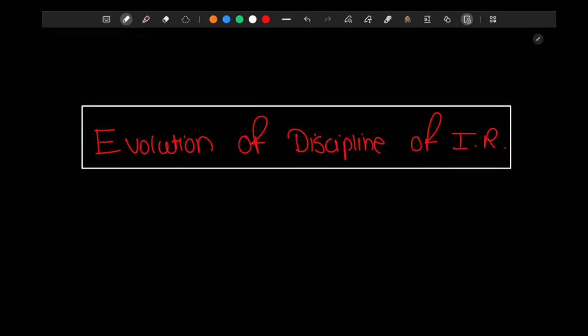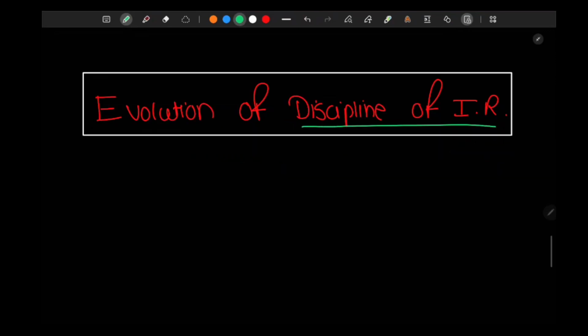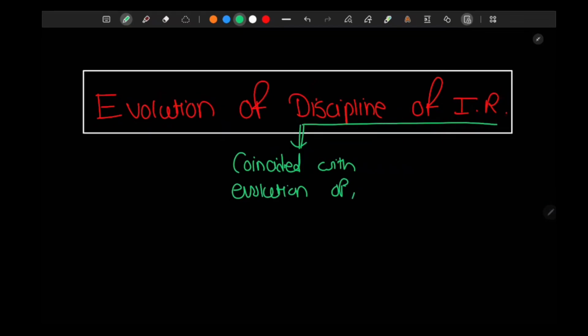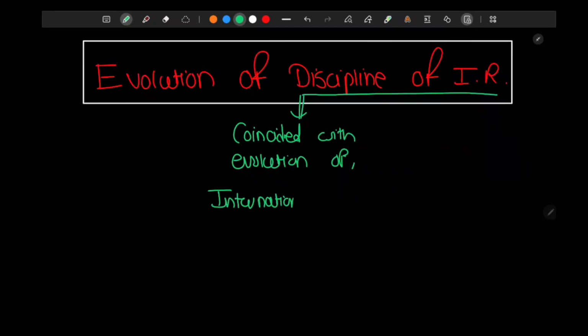The evolution of the discipline of IR coincided with the evolution of international politics, right?